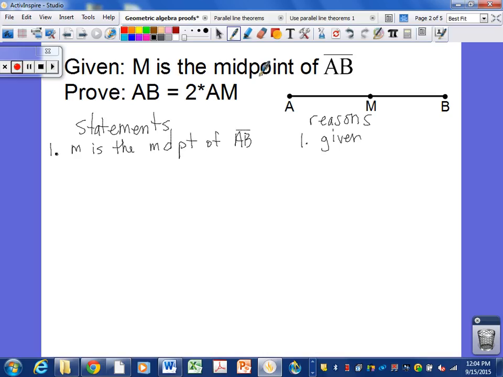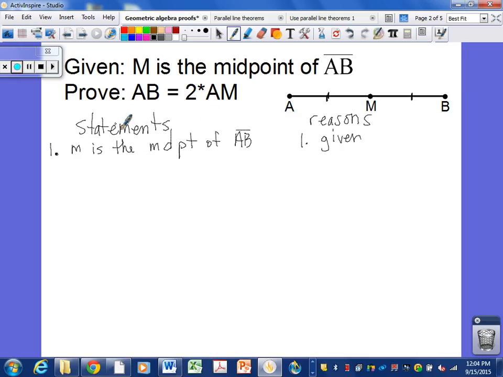If you're not actually given the information but there's a picture, look at the markings on the picture. The markings on the picture will be your given information. Okay, so in this you might be able to say that you are given AM is congruent to MB or something of that nature because the picture is marked. So if you're never given any given statements, look at the picture to see what is marked on the picture.